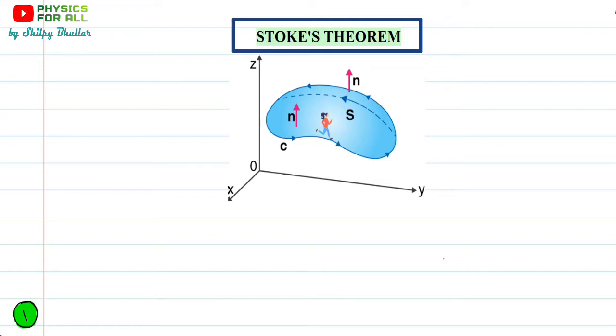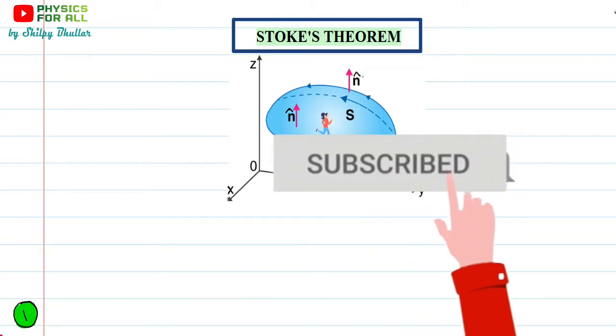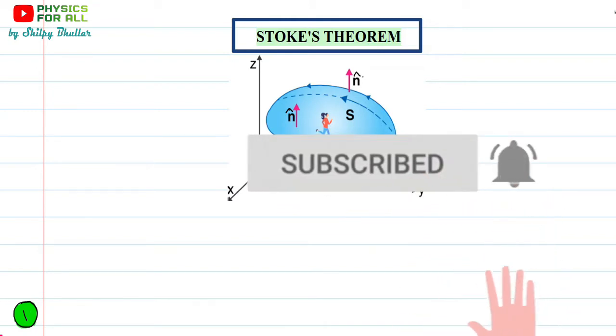We always show this unit vector, which is our n cap, pointing in the third perpendicular axis. So let's get started.